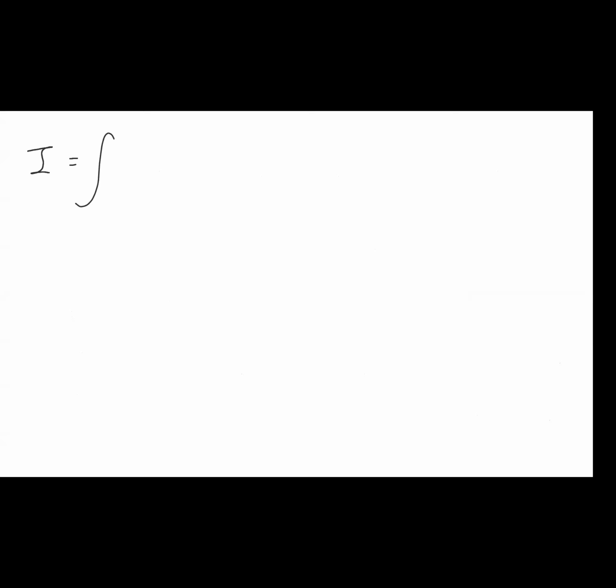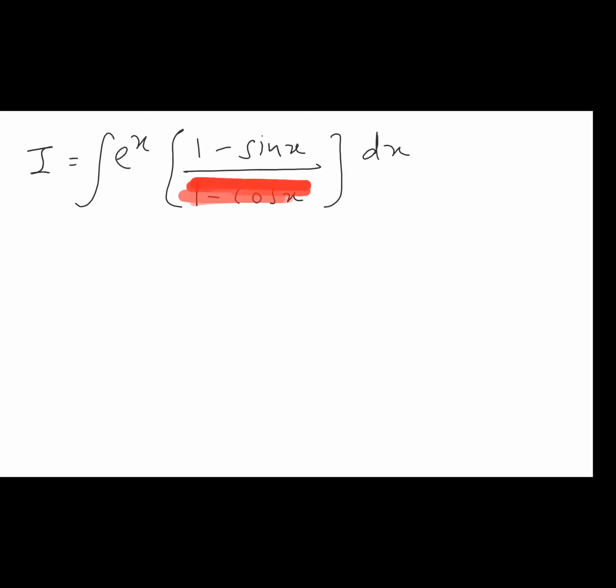Integration e raised to x, 1 minus sin x upon 1 minus cos x dx. Again, we'll put the half angle formula for 1 minus cos x and the half angle for sin x.